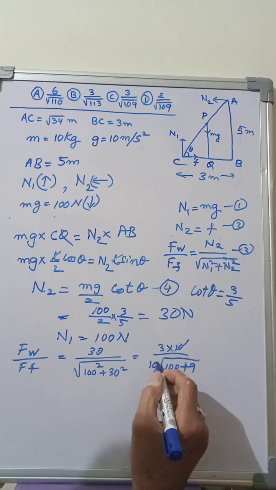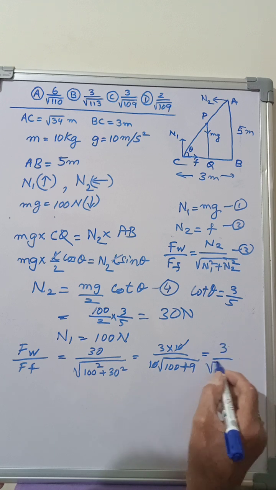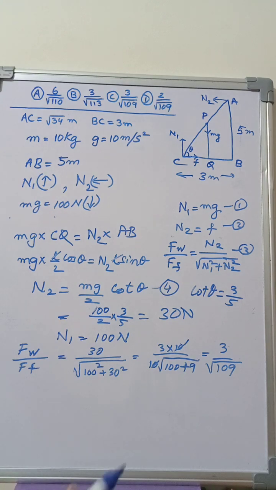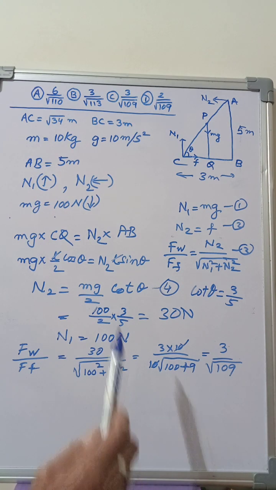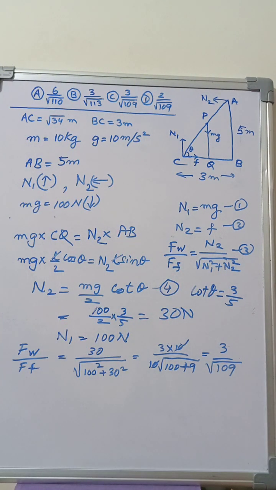So this 10 and 10 get cancelled. This gives us 3 by root over 109, which is the answer to the question. Therefore, the correct option is C. This completes the answer to the question. Thanks for watching.